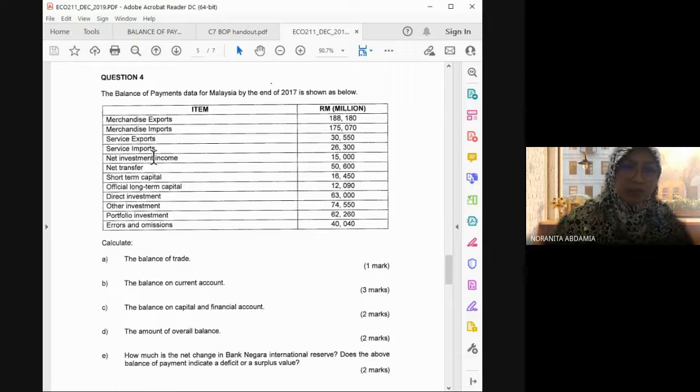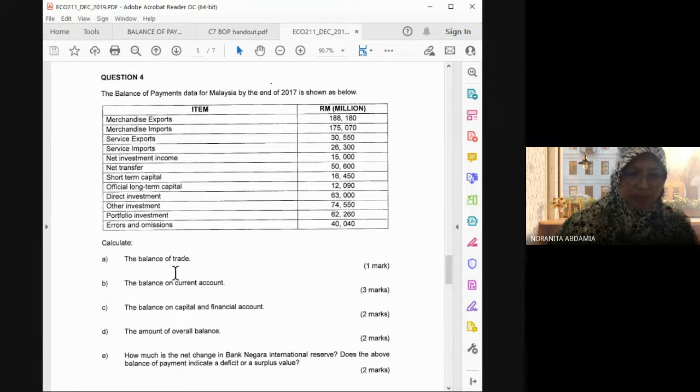Okay, for example, merchandise export, merchandise ni kat mana yang we know? For the first sub account under current account, right? Which is that's a good account ataupun trade balance account ataupun merchandise account ataupun visible account. But in this question nampak tak balance of trade.